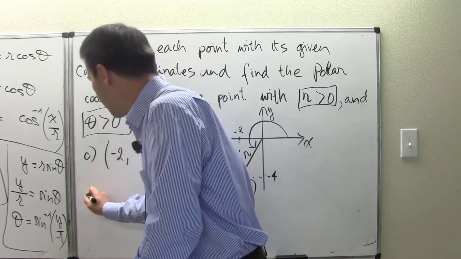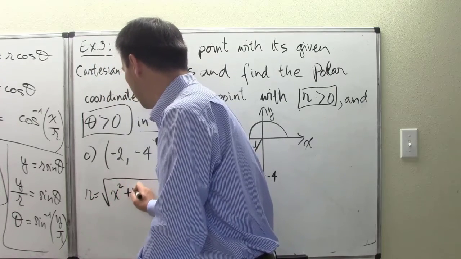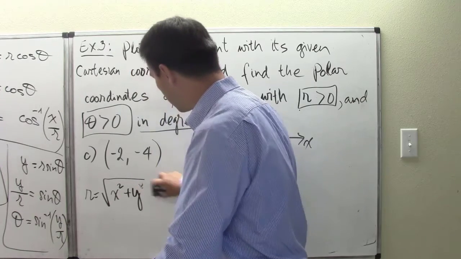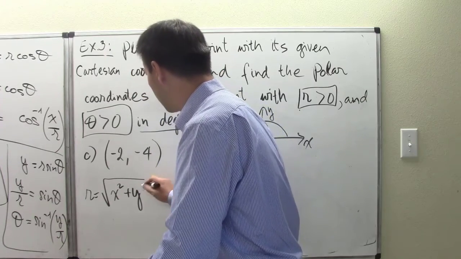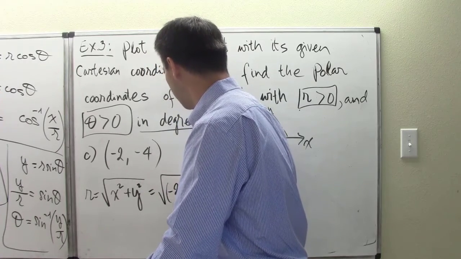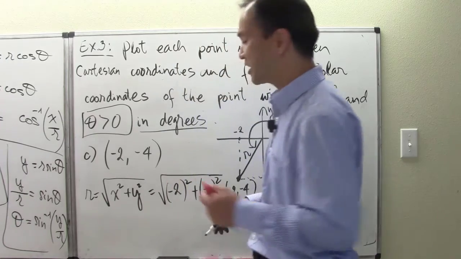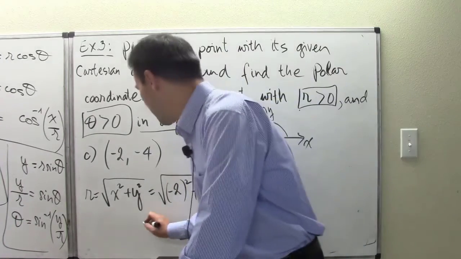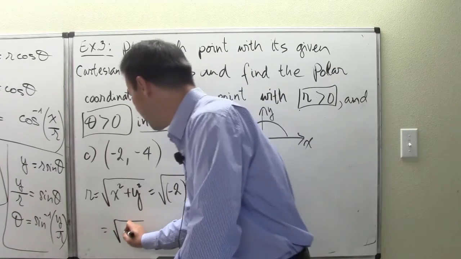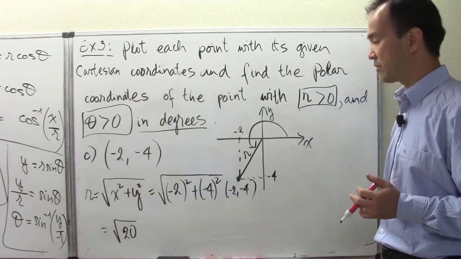So radius, again, is the square root of x squared plus y squared, which is the square root of minus 2 all squared plus minus 4 all squared. All of that is inside the square root. So that gives me the square root of, this is 4, this is 16, so square root of 20.